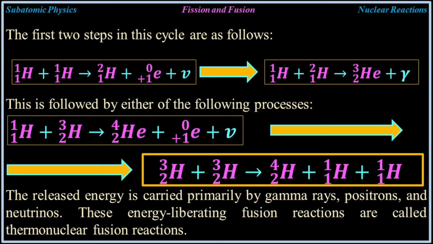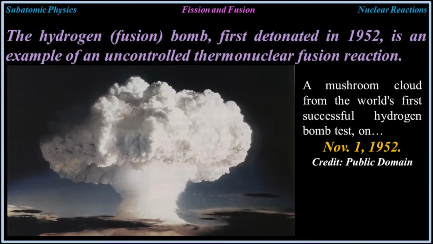The first two steps in the cycle are as follows. I'm not going to read the reactions. This is followed by either of the following processes. The released energy is carried primarily by gamma rays, positrons, and neutrinos. These energy-liberating fusion reactions are called thermonuclear fusion reactions.